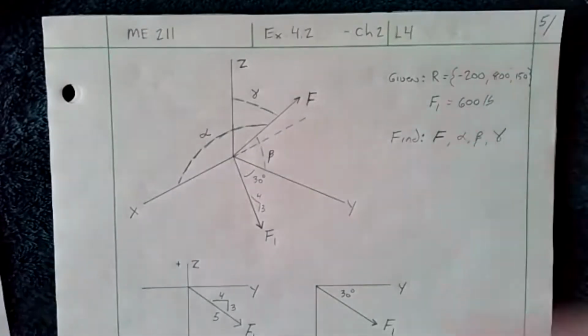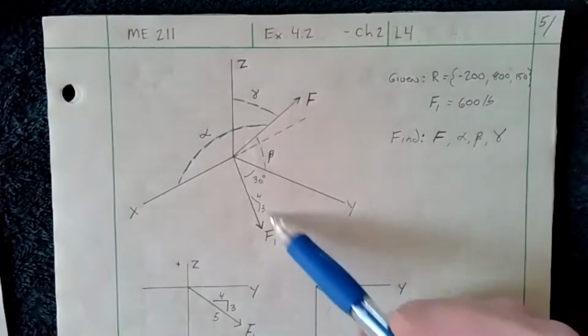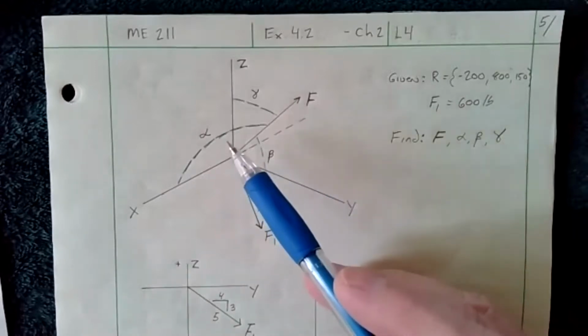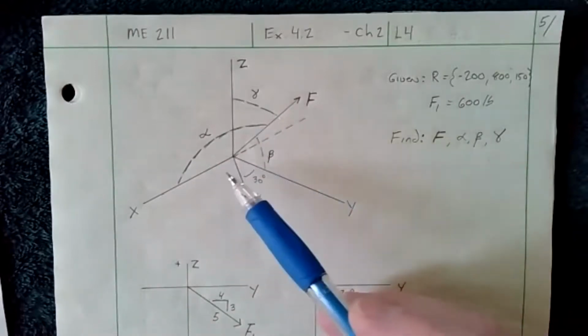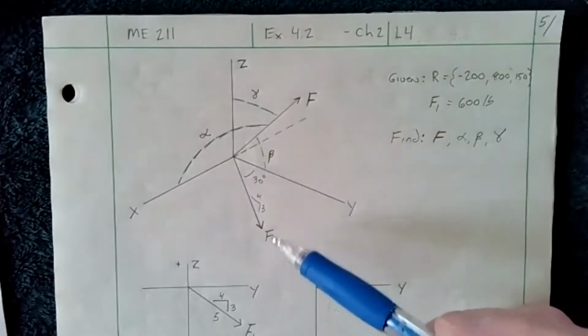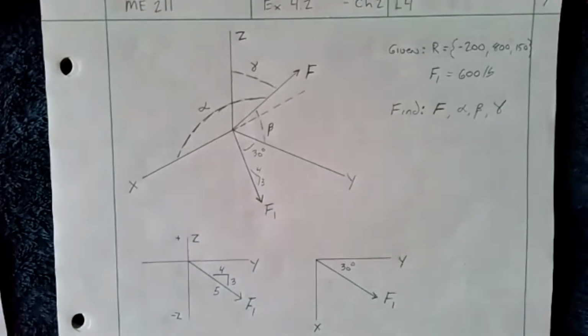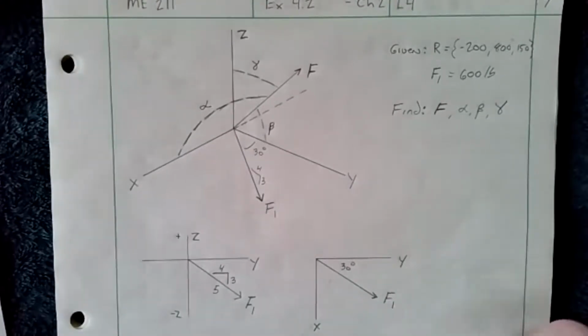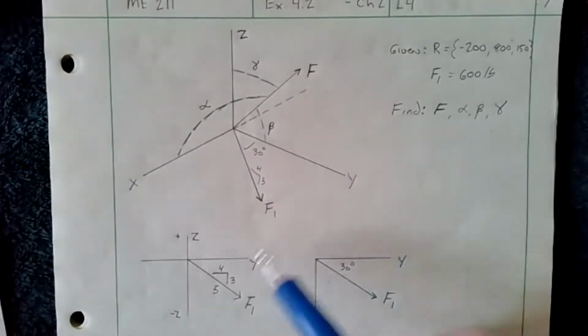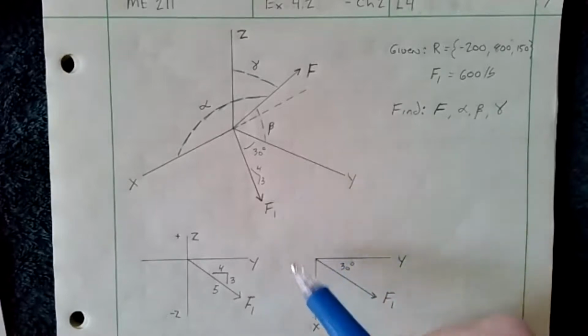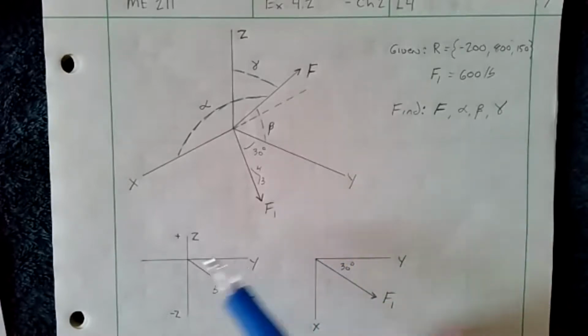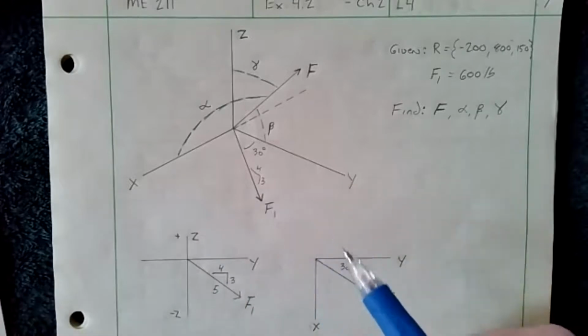We have F1, we have our angle, and we have the alpha, beta, gamma. I thought I'd take a little bit to show you the angles. I realize they're not trivial to look at, and the resolution of the drawing can be a factor, but I'll try to make it as clear as possible. First, let's look at the planes if you're having trouble seeing where F1 is going.